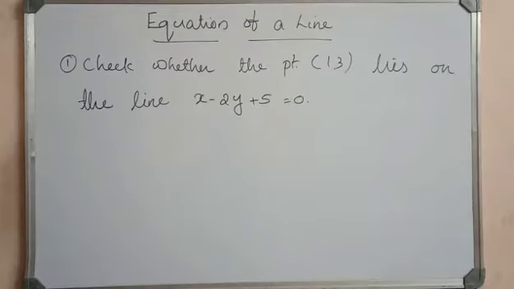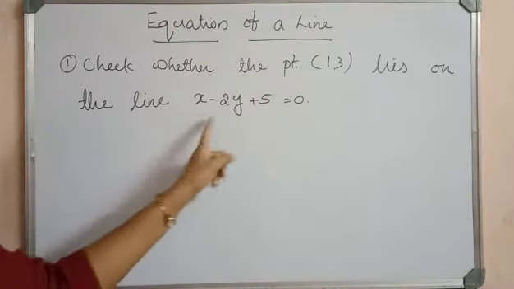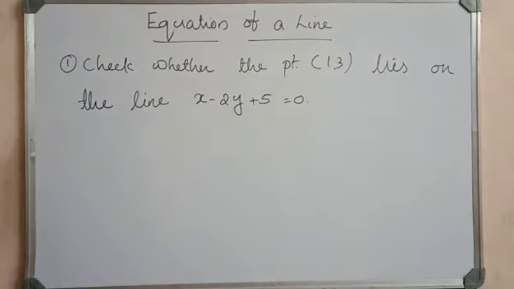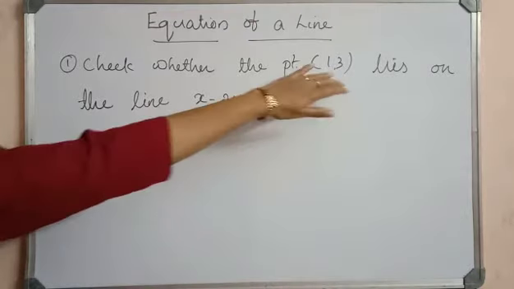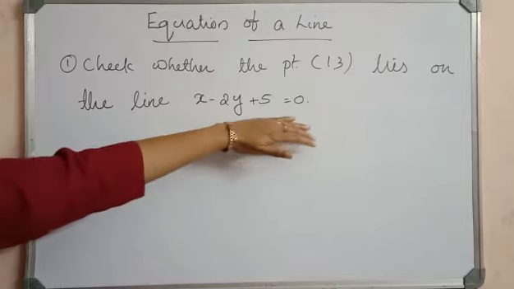Let's consider an example. Check whether the point (1, 3) lies on the line x minus 2y plus 5 is equal to 0. As per the first point, any point which satisfies the equation of the line lies on that line. So we have to check whether this point satisfies x minus 2y plus 5 is equal to 0.